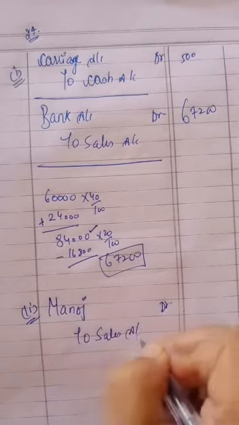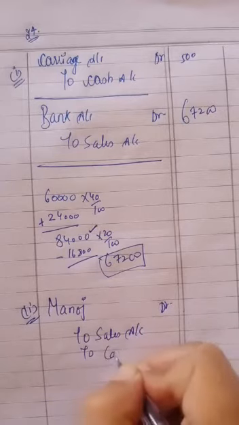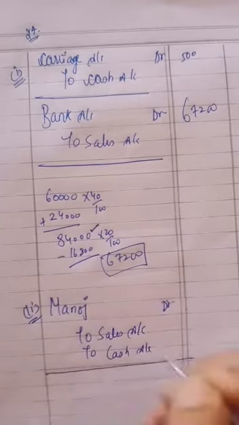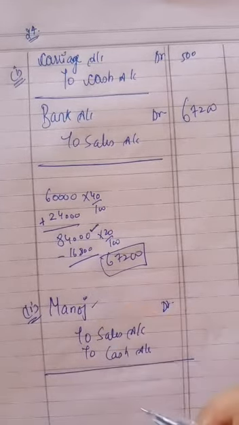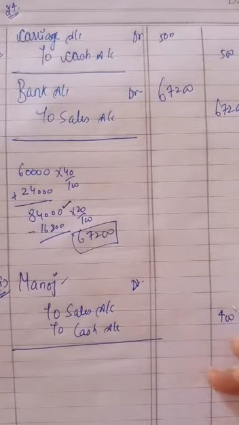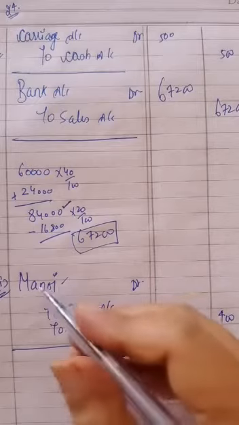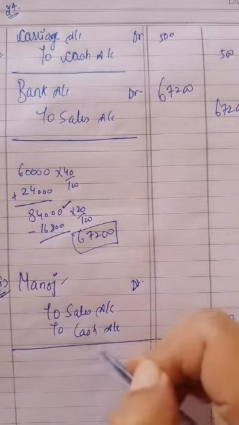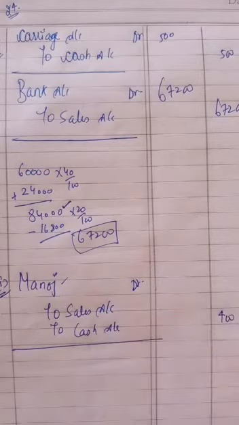We have sold goods and we have paid the carriage, and he will be paying that, so he will be debtor for that 400 also. Goods have gone and cash has gone 400, and receiver is Manoj.